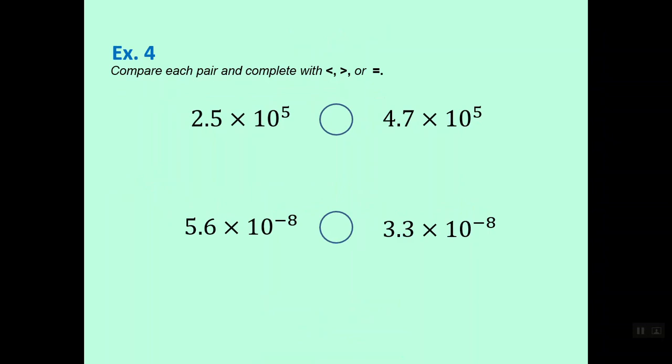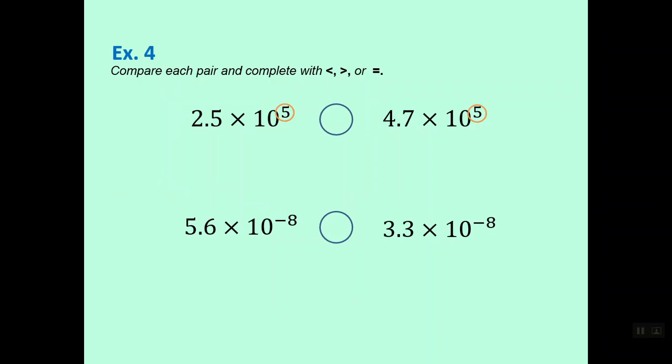All right, now we're looking at example 4. In example 4, this example is very different from what we've been looking at previously. So what you can see when you're looking at these examples is that these exponents are the same. So if you come into a situation where you're comparing and the exponents are the same, you are then going to defer to the factors.